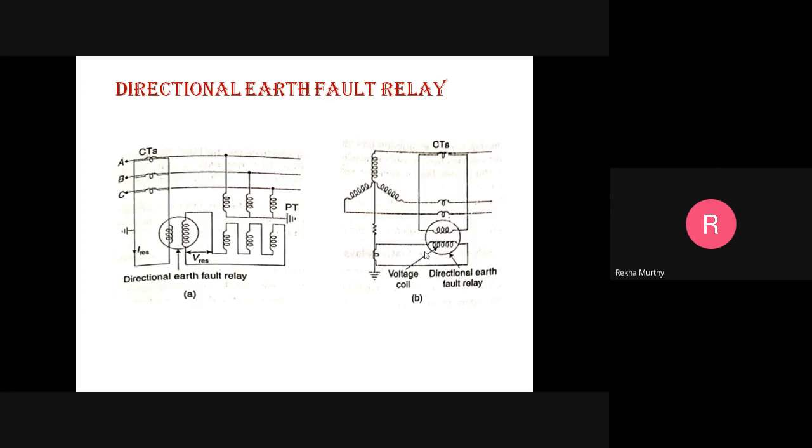So this is the directional earth fault relay, which has two coils: a current coil and a potential coil, energized by its own parameters, that is the residual current and the residual voltage. Whenever an earth fault occurs, this directional earth fault relay immediately operates.